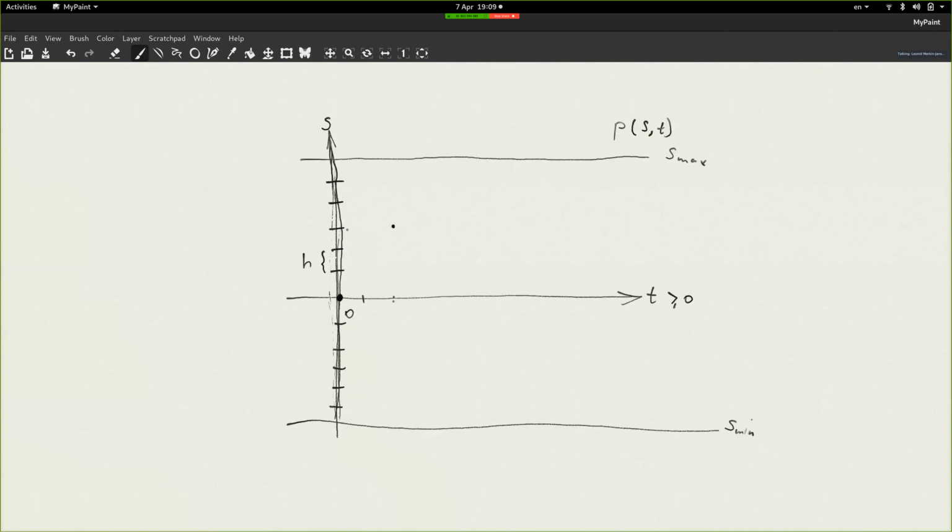Any point here, let's say I will denote this point by S_i, T_j, where moving by index 1 to S_{i+1}, S_{i+1} minus S_i equals the step h, and obviously T_{j+1} minus T_j equals our step with respect to time, tau.